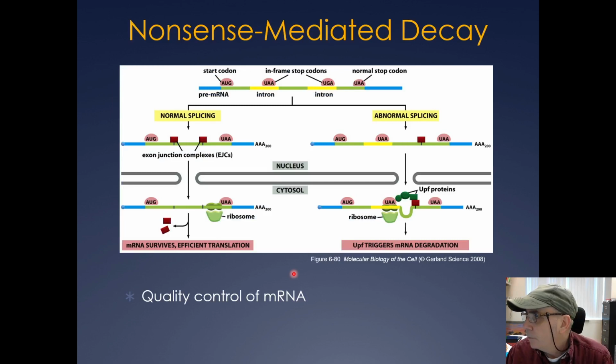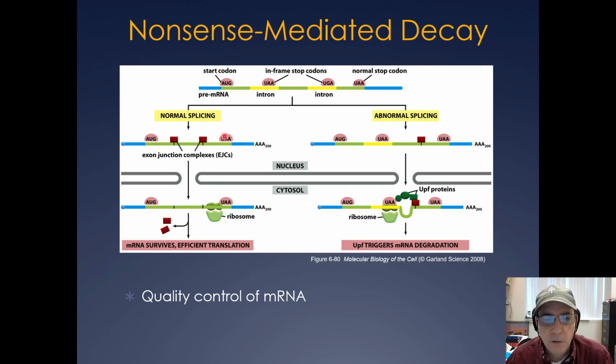Finally, there's quality control in the translation itself, and this is called nonsense-mediated decay. We saw that if you have a pre-mRNA and that's spliced, with normal splicing you're left with these exon junction complexes.